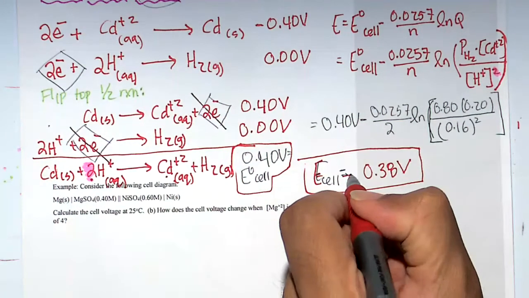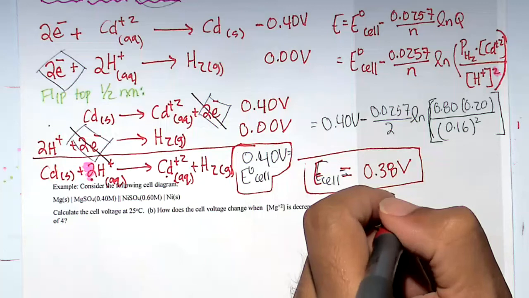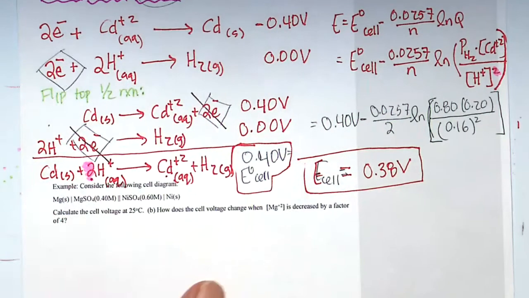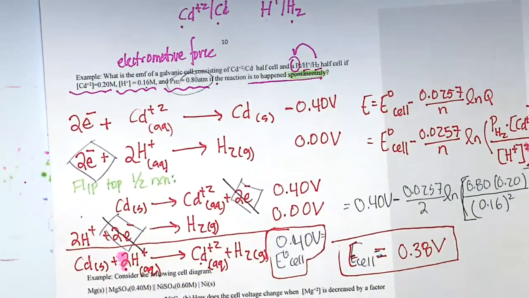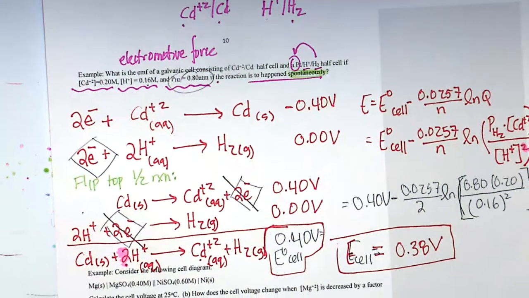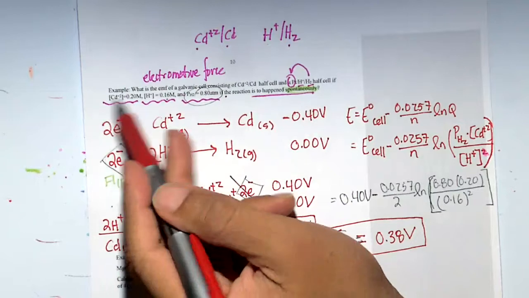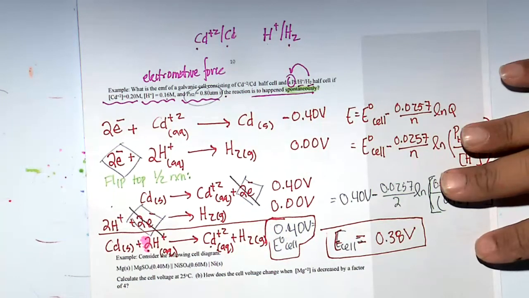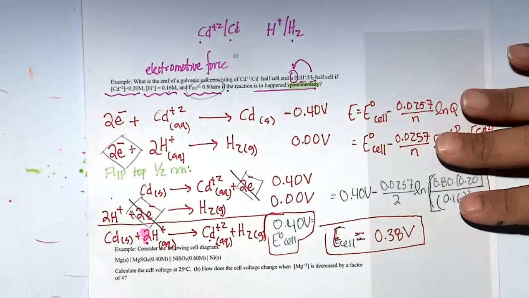And under these concentrations, it's a little bit lower, 0.38 volts. Under standard state, it's 0.40 volts. All right, so that is that problem.